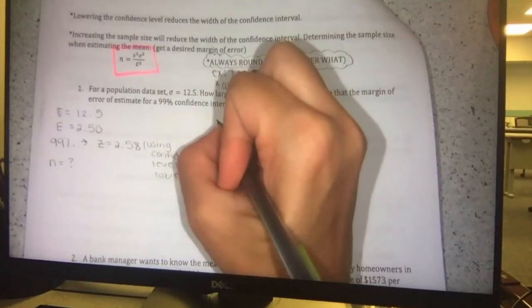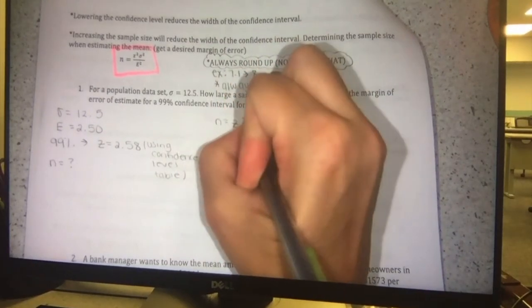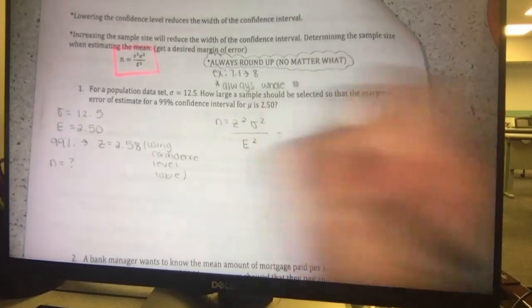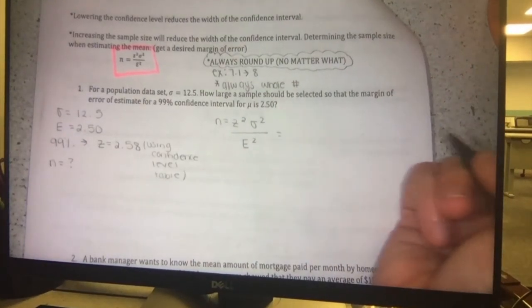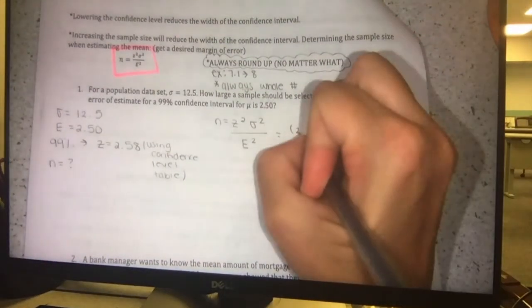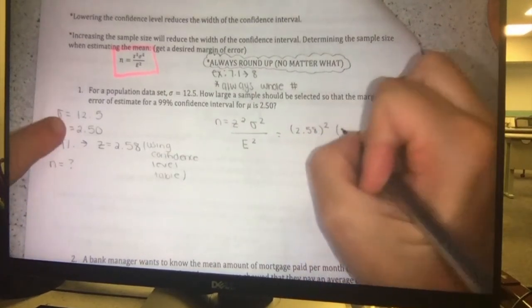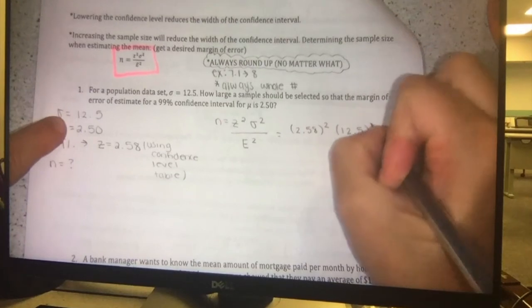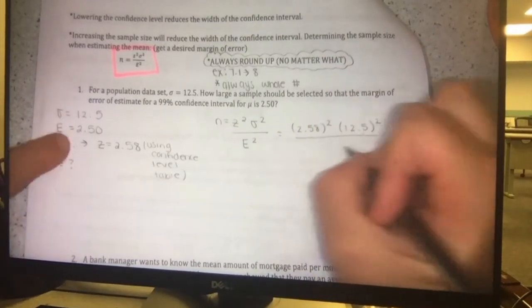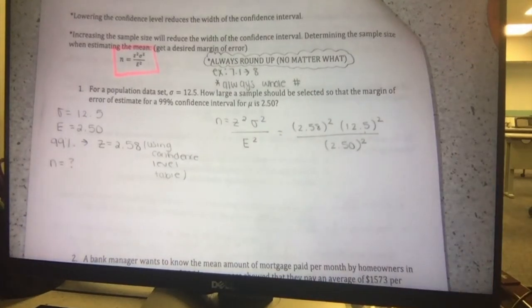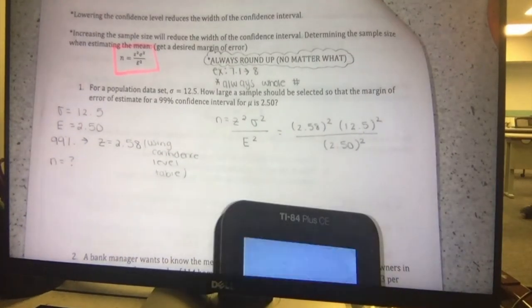So n equals z squared times sigma squared all over e squared, just plugging in our values. Z is 2.58, our sigma is 12.5, all over our e, 2.50.